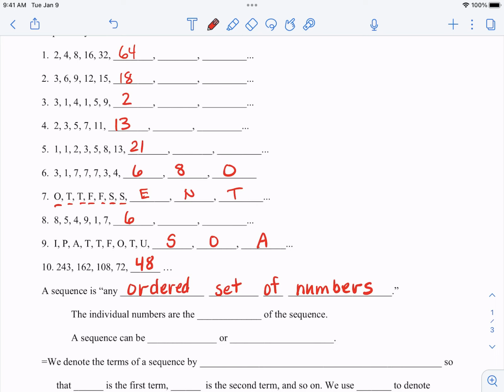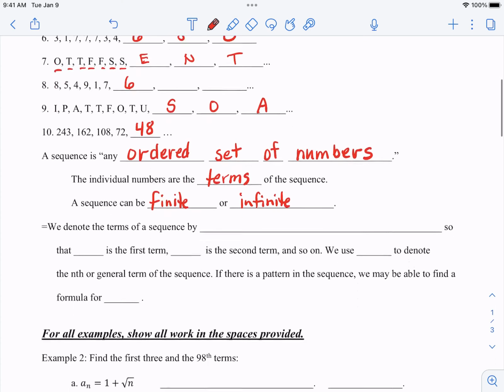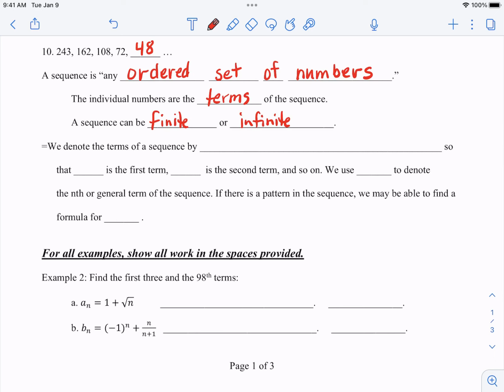The individual numbers are called the terms. A sequence can be finite or infinite. There are both kinds. Finite end at a certain number, and then infinite ones would go on forever and ever. We denote the terms of the sequence by subscripts, and we use the lowercase a.